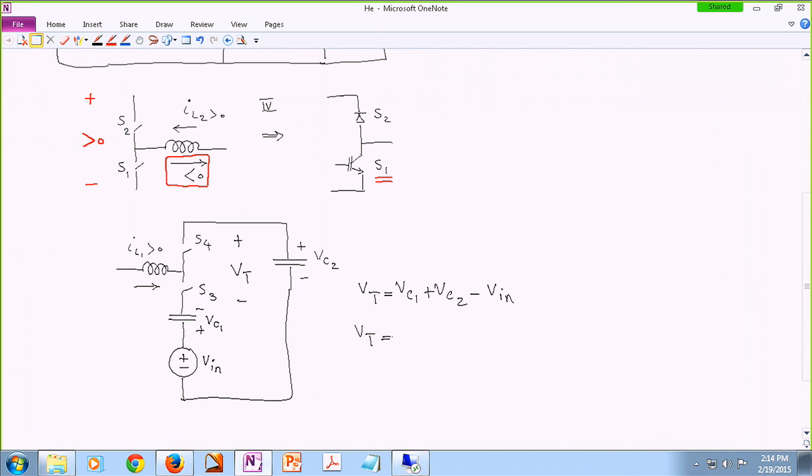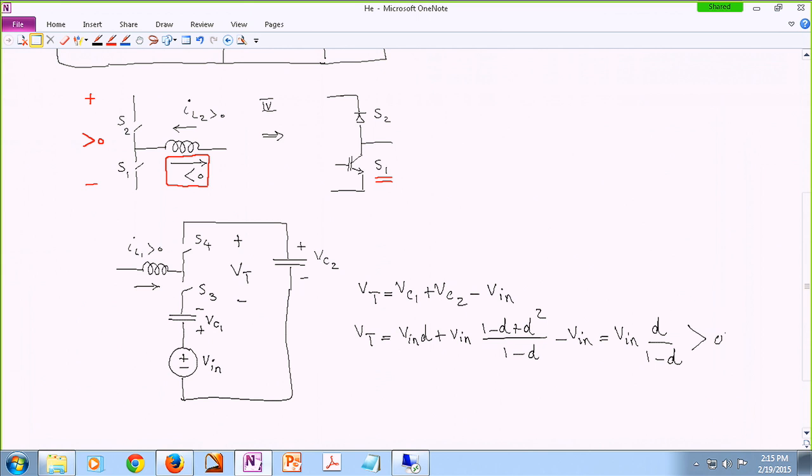From the previous analysis, VC1 was Vin times D. VC2 is Vin times the gain, which is (1 minus D plus D squared) over 1 minus D. Then finally minus Vin. If you simplify this, it turns out to be Vin times D over 1 minus D. And no matter what the value of the duty cycle is, this is positive.